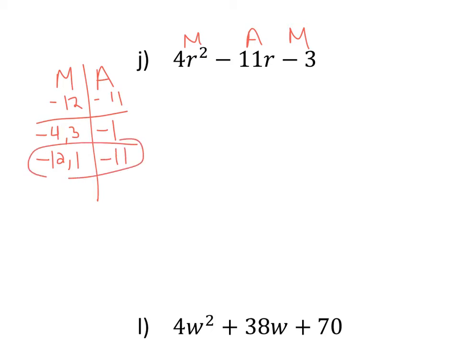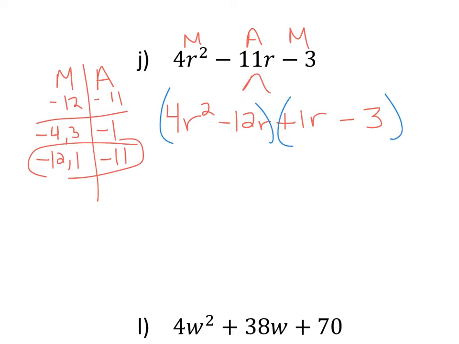Okay, again, I'm splitting the middle term. So the first term is 4r squared. I'm splitting the middle term into negative 12r and positive 1r. And then I'm bringing down my last term. I'm going to group now that I have 4 terms.